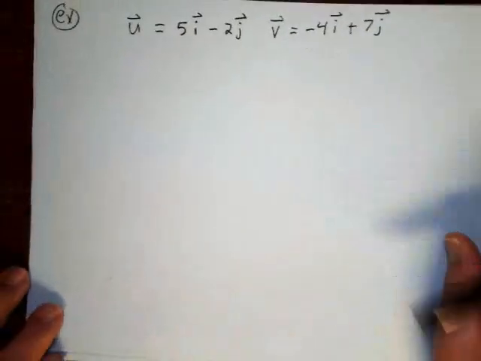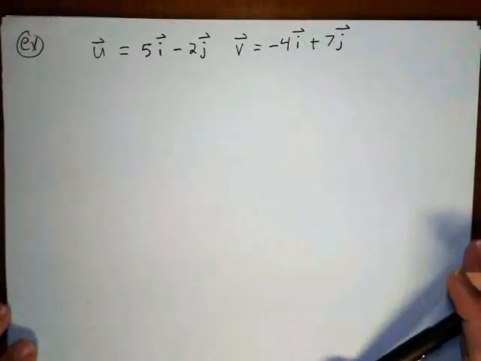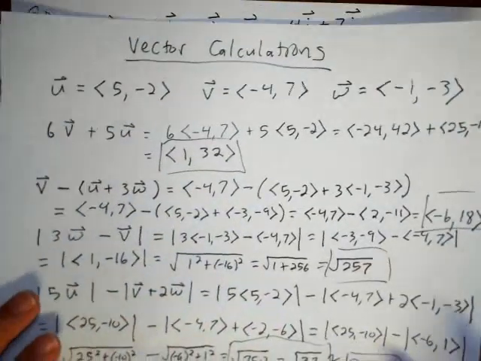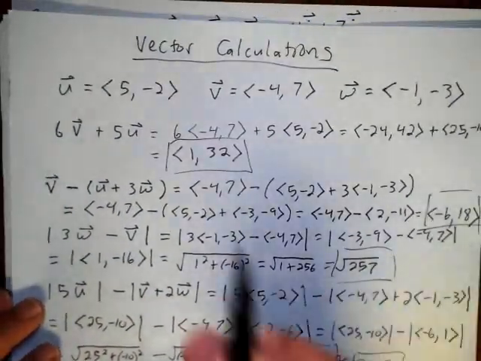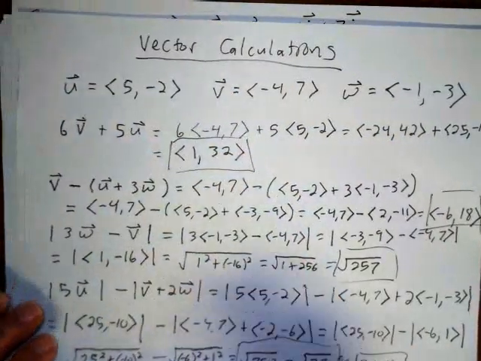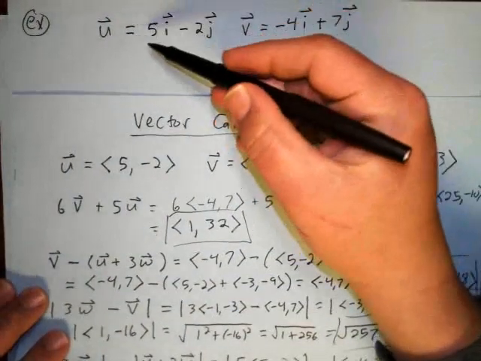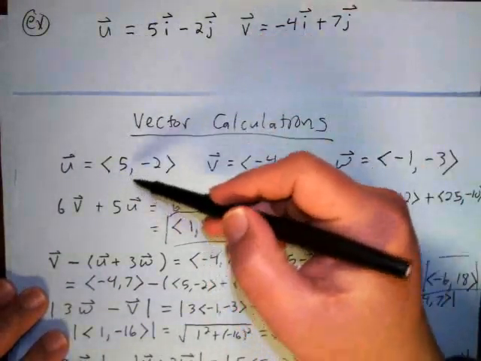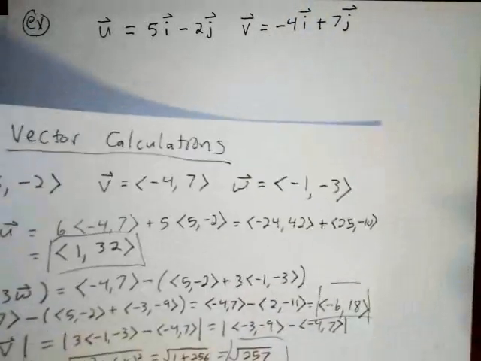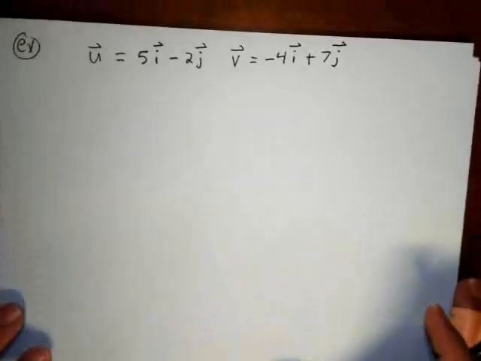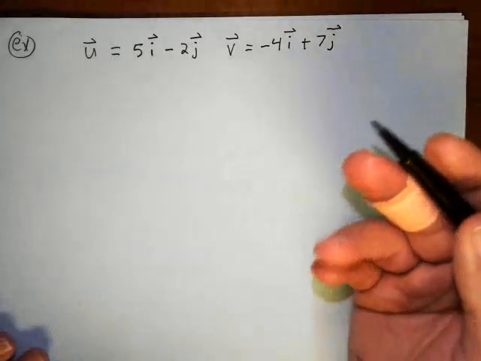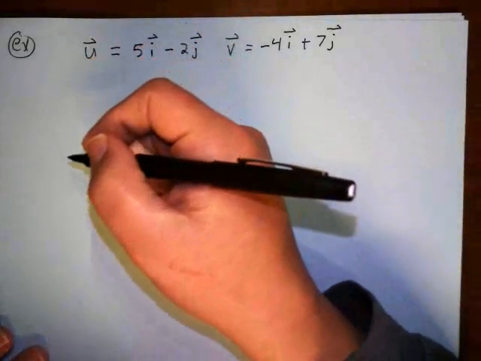Okay, so now we're going to do a couple things with this because they have you do this on the homework. If you remember a couple videos back, we did these vector calculations with these vectors. What I've done here is write the same vectors as linear combinations of i and j, u and v, because we're going to do a couple of the sorts of things you might be asked to do on the homework questions.